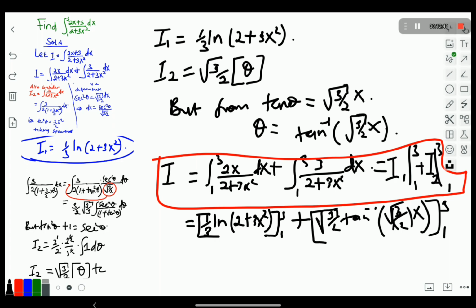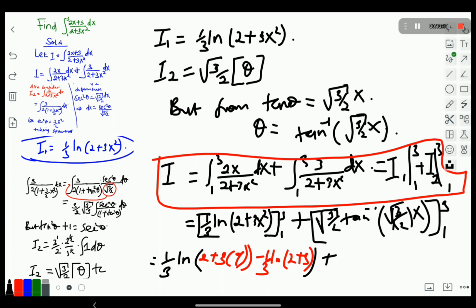The next step is a matter of substitution. The upper limit first, subtract the lower limit value. So it will be 1 over 3 ln of 2 plus 3 times x squared, which is 9, then minus 1 over 3 ln of 2 plus 3 times 1 squared.